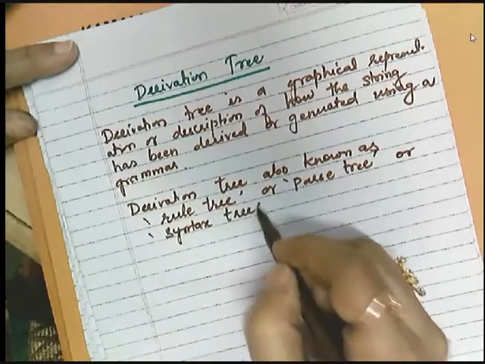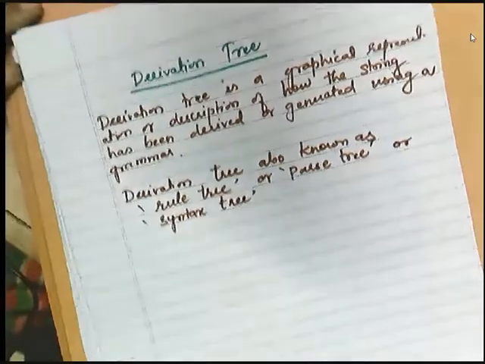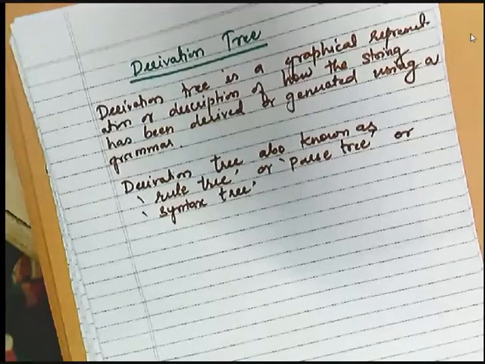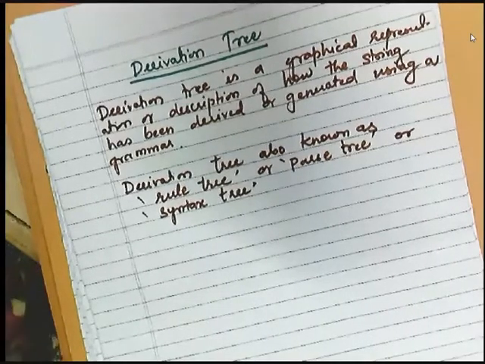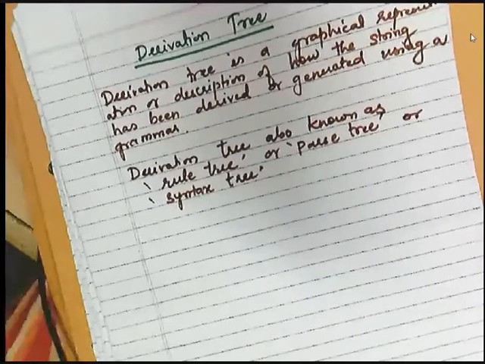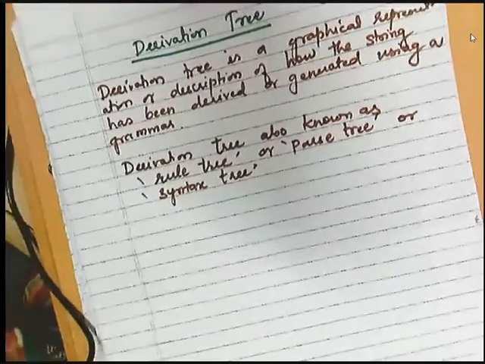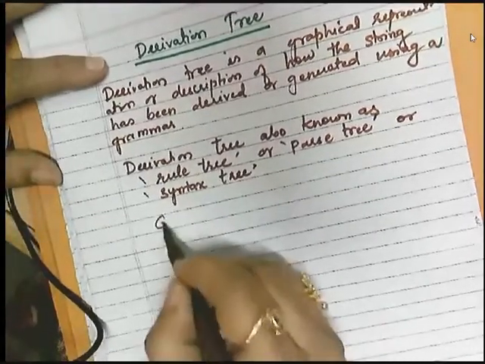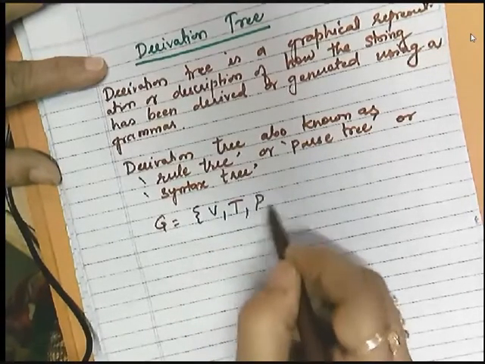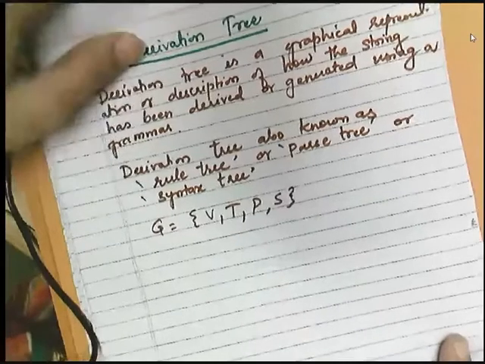Okay, so these are the different names for the derivation tree. Now, how are we constructing or representing a derivation tree? So again, grammar is represented by G, which is nothing but V, T, P, S, right? We have already discussed this.